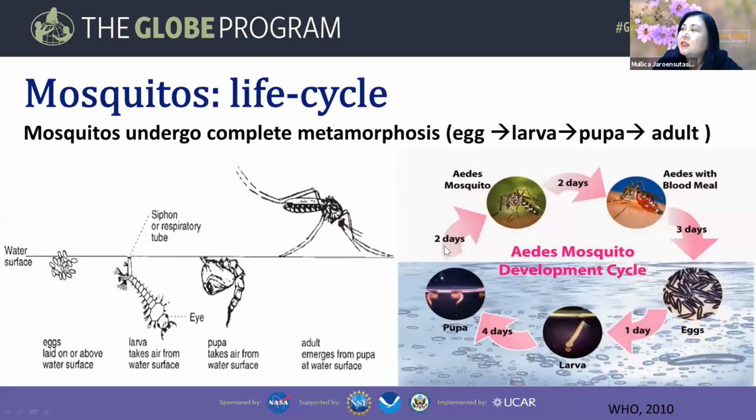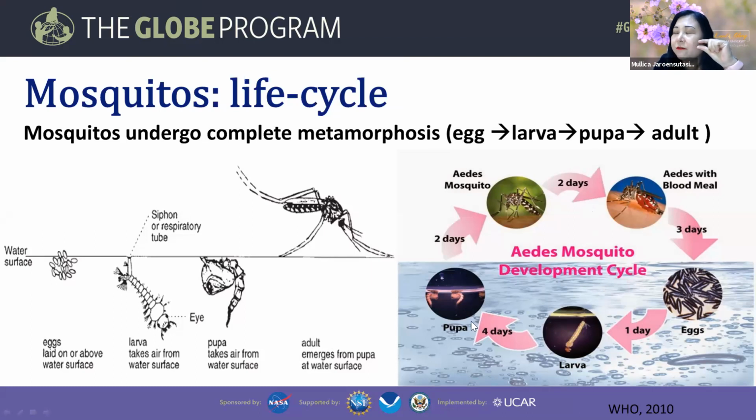The second, on the right hand side, is a mosquito life cycle that actually shows how many days. From eggs, it will take them 1 day to hatch, and then from tiny larvae they have 4 different instars.